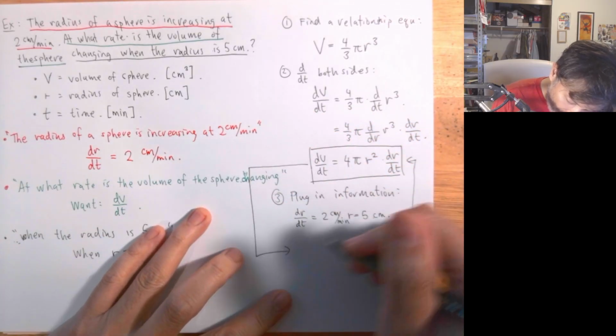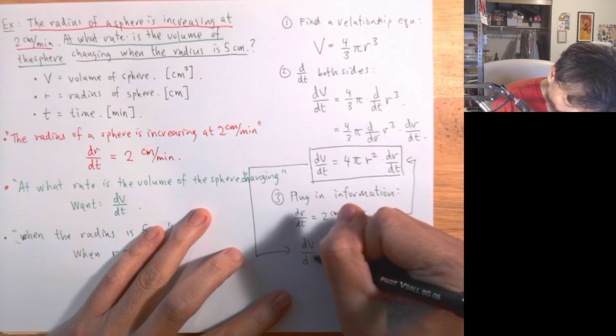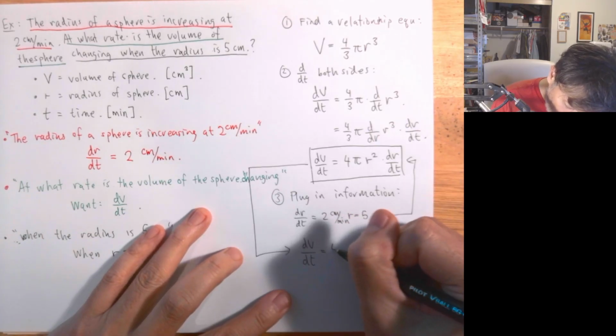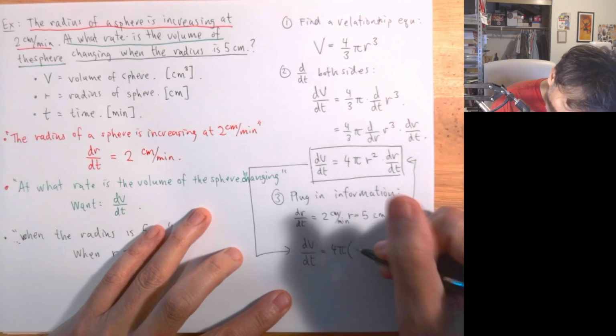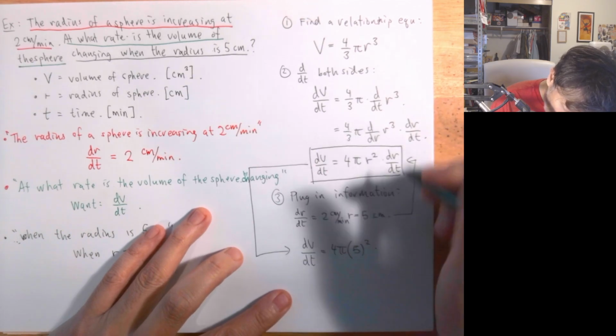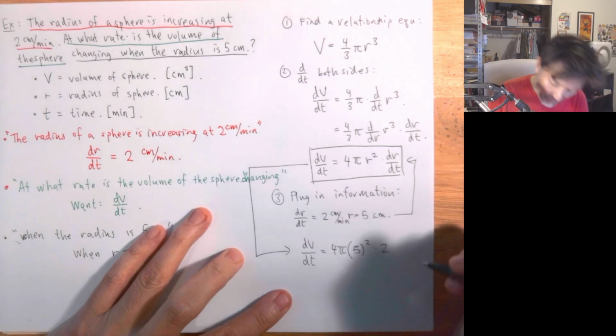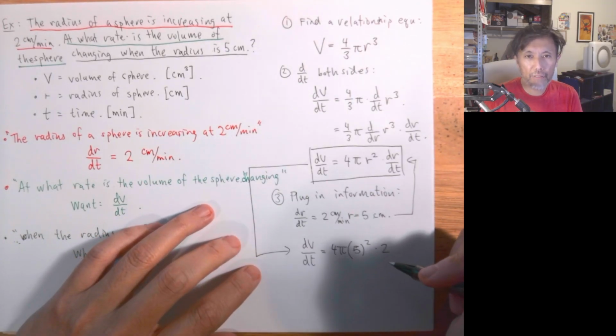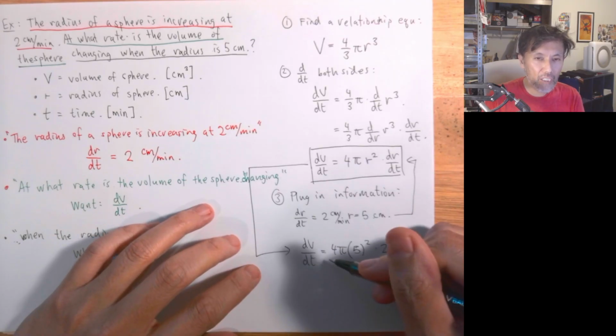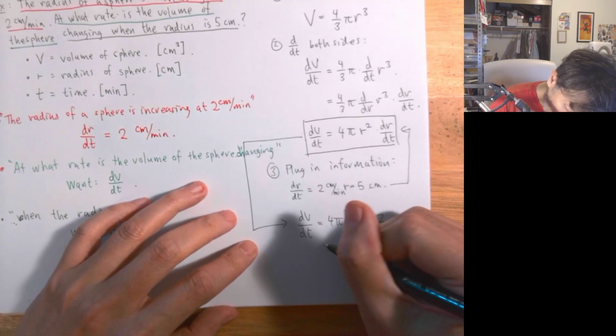If we do that, we get that dV/dt at the moment we care about is 4 pi times, I'm sorry, 5 squared, times dr/dt, which is 2. 5 squared is 25. 25 times 2 is 50. 50 times 4 is 200.